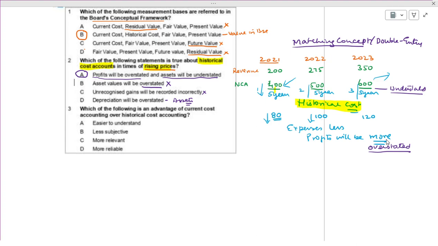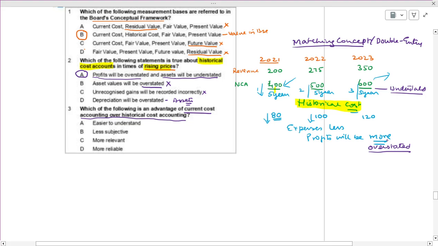What is the answer for this? Which of the following is the advantage of current cost accounting over historical cost? Easier to understand?